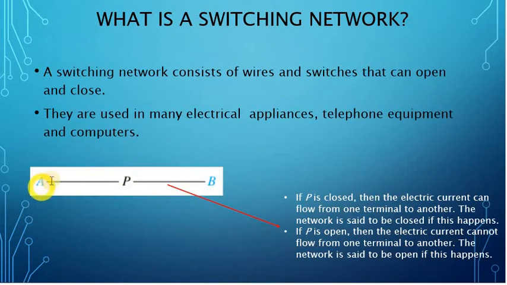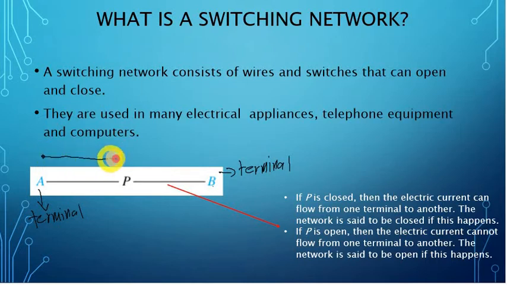So we have here this very simple switching network diagram, and we have here A and B, as you can see. We call them terminals. So this is one terminal, and this is another terminal, which we can also draw as a simple dot.